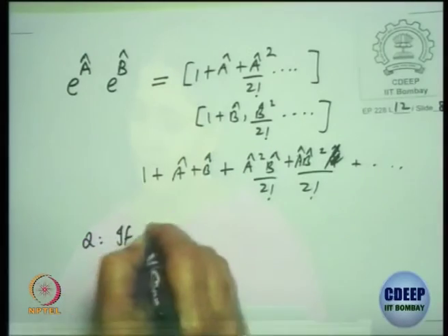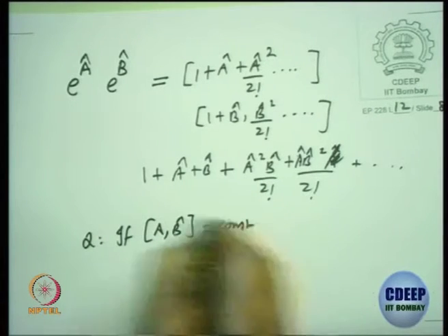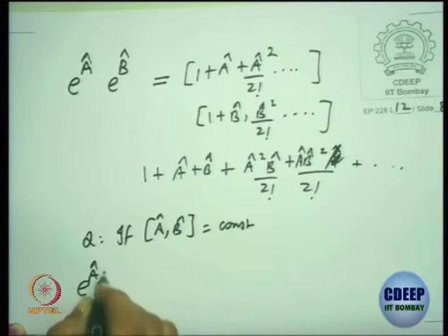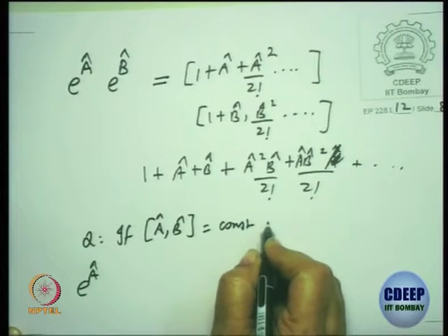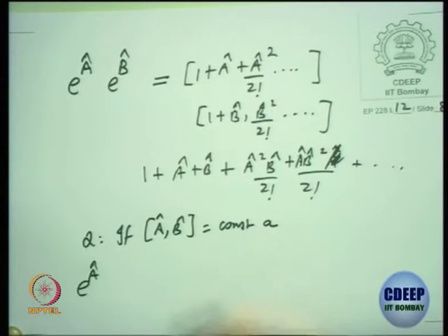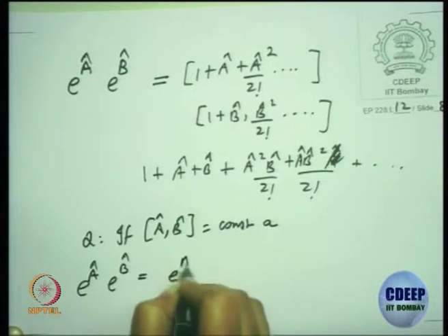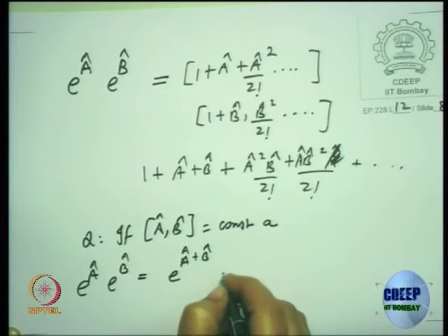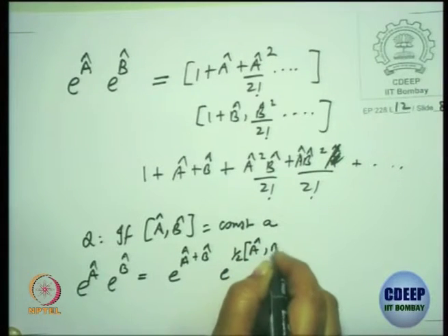Question is, if the AB commutator is a constant, then I think you can show that, let's call that constant some number, you can show this as e to the power of a plus b times e to the power of half of the commutator of a with b.